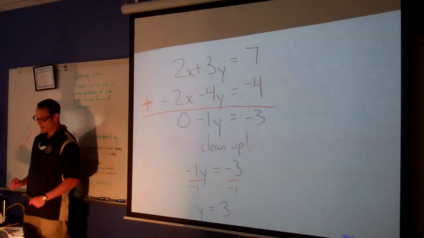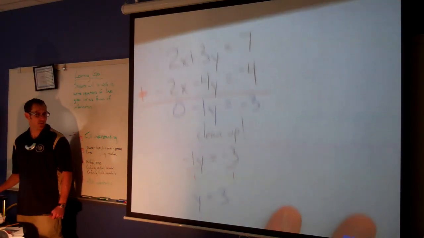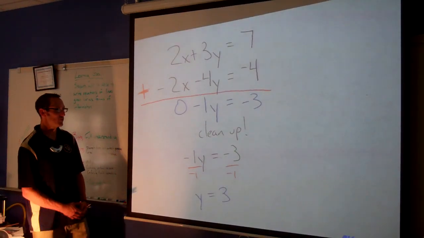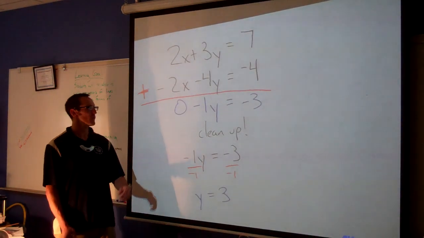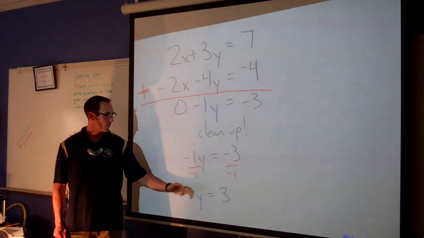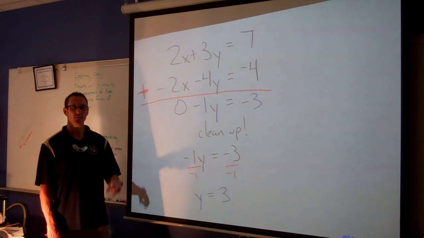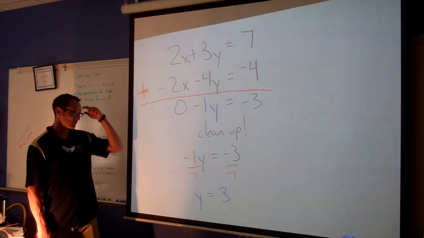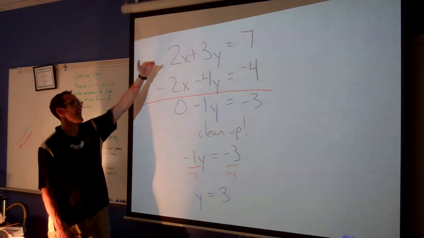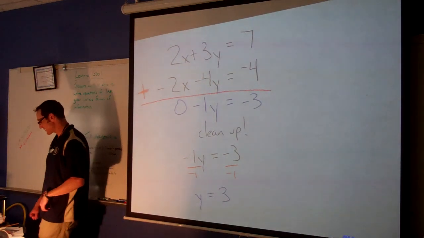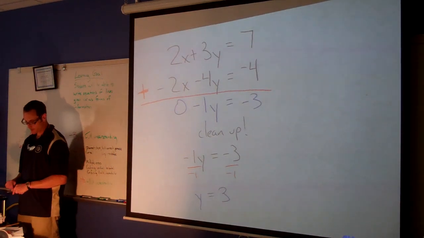Okay? So we have just completed step 1 and step 2 of our systems of equations. We found the value of one variable, and we're able now to plug it back into the other equation. The way we did it is by adding two equations entirely. So we can add equations or subtract equations entirely and cancel a variable.